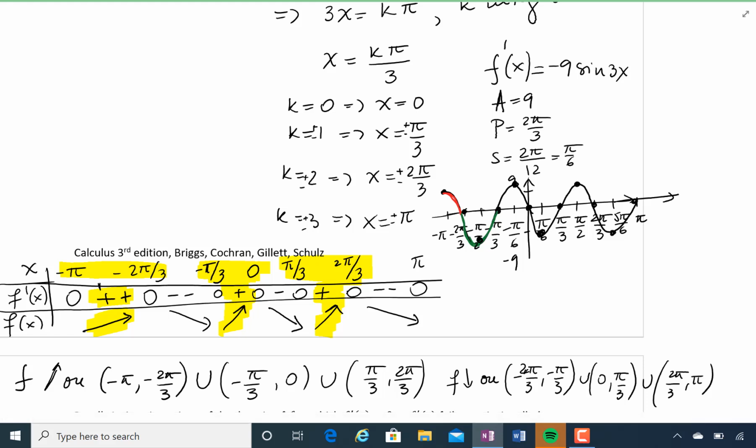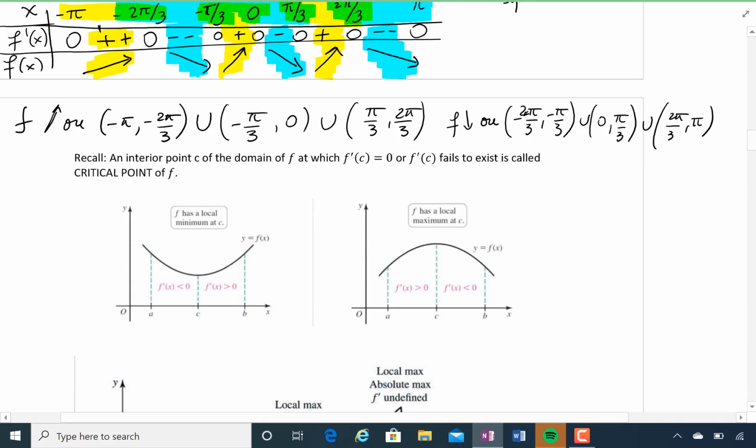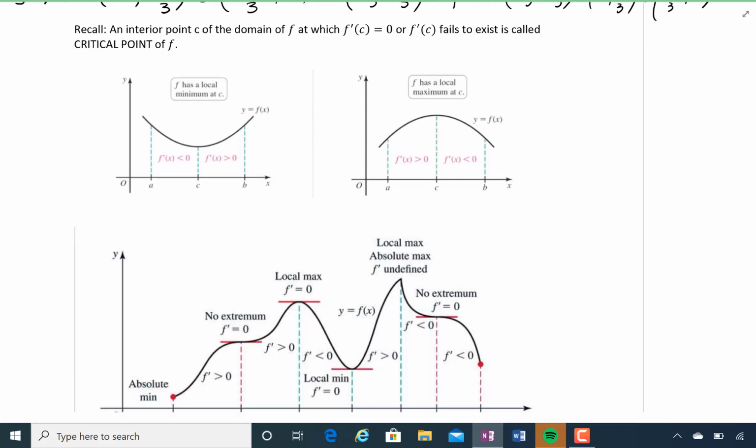So if I were to color code them, I would get this interval here, and this one, and this one. So the interval is between these two numbers, between these two numbers, and between these two numbers, where it decreases. Okay, let's see.